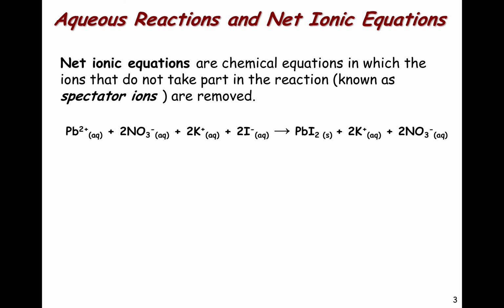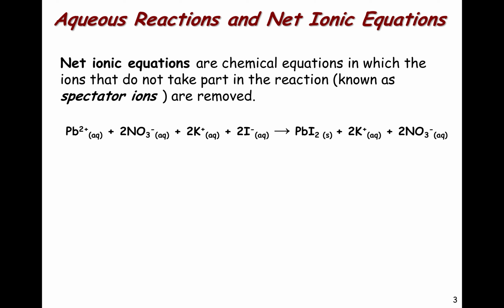In this case, we see that the nitrate, which is on the reactant side, is also the same as the nitrate that is on the product side. So in fact, that formula is completely unchanged.